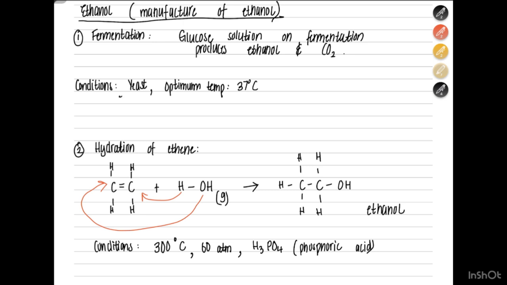Basically, there's this enzyme which is known as zymase. This zymase is responsible for converting glucose into ethanol. Converts glucose to ethanol. And yeast respires anaerobically.